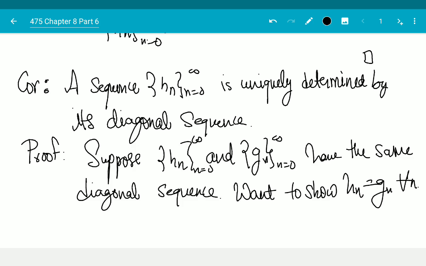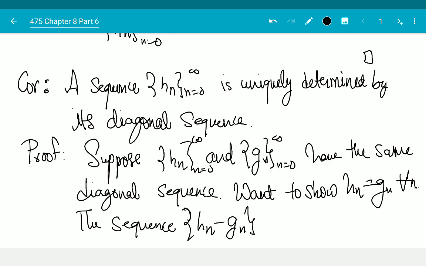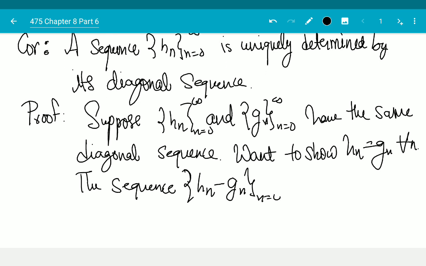Well, look at the sequence hn minus gn. We have seen that this is going to have the difference quotient as 0, because the difference quotient of hn minus gn is equal to the difference quotient of hn minus the difference quotient of gn.